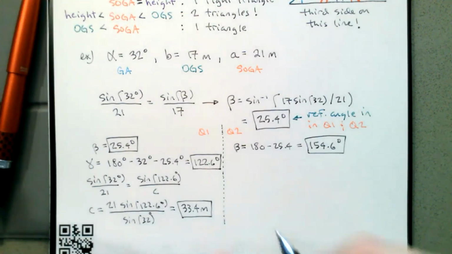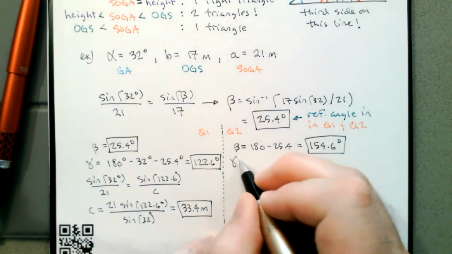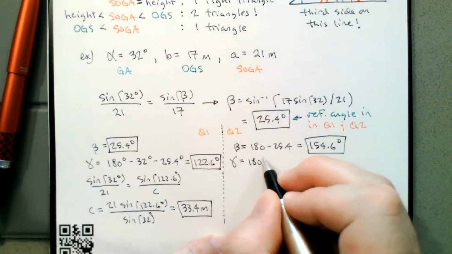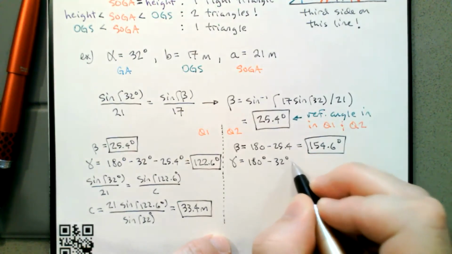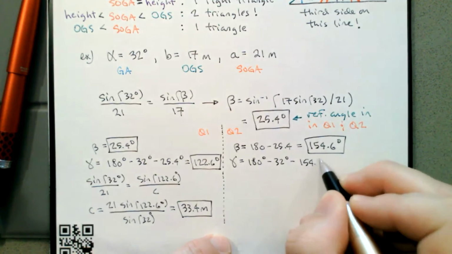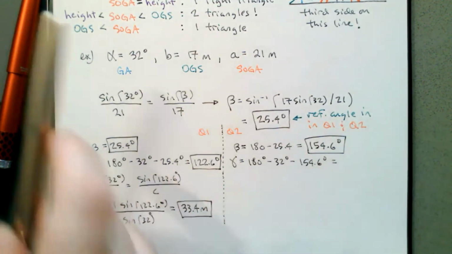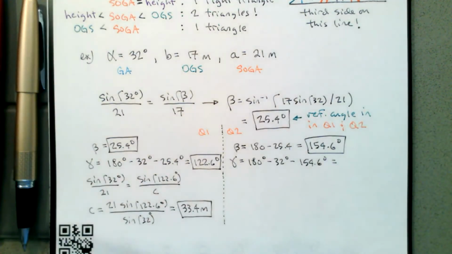So gamma is 180 minus the 32 that we were given, minus the 154.6. And now the rest of the audience is on board. It's like, oh, now we see what you were talking about.